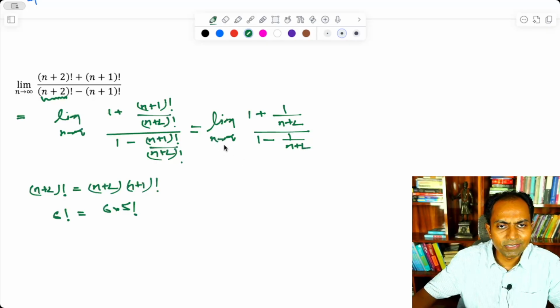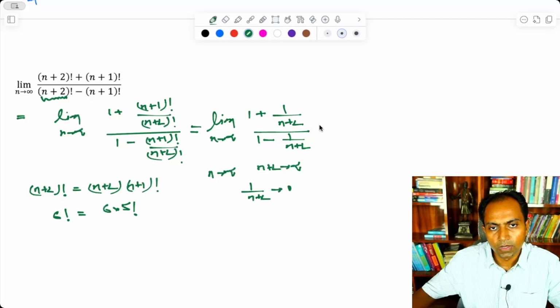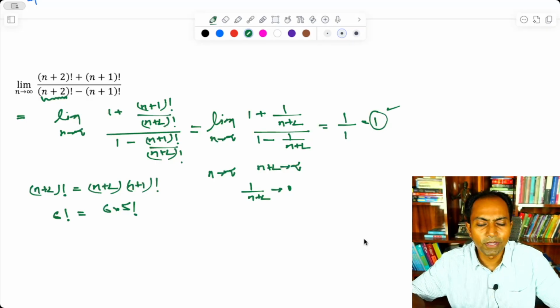You can see that n is tending towards infinity. So what will happen if n tends toward infinity? N plus 2 will also tend towards infinity, and as a result 1 by n plus 2 will tend towards 0. So answer of this question becomes 1 by 1, or 1, again an extremely simple question based on previous knowledge.